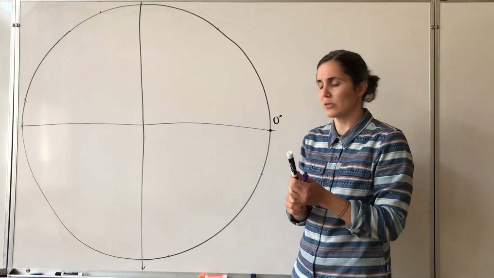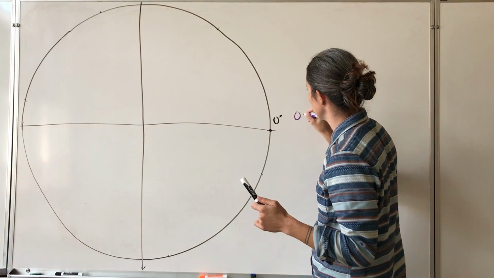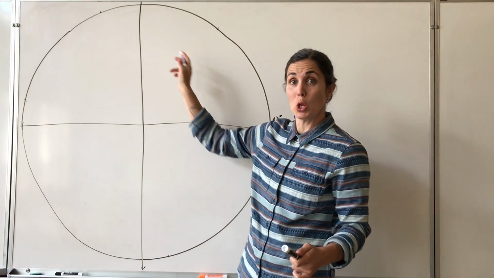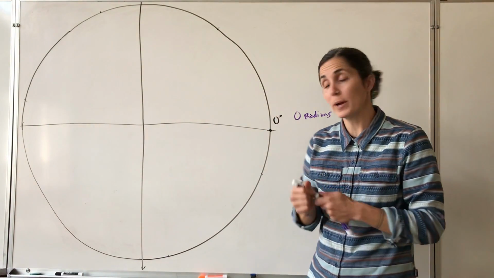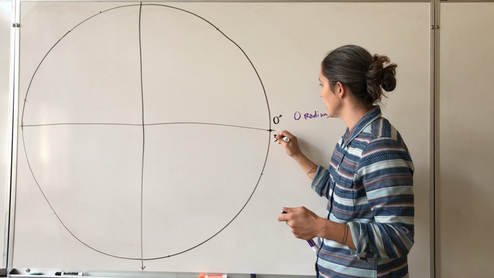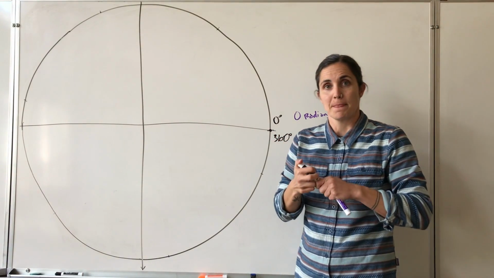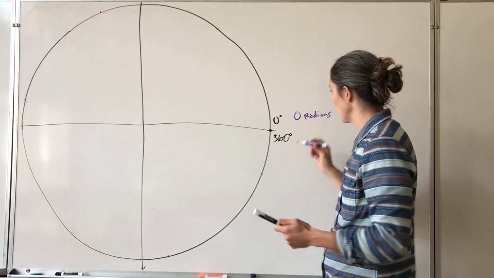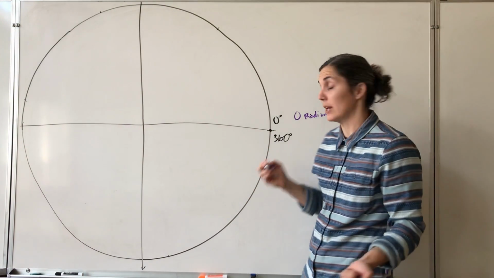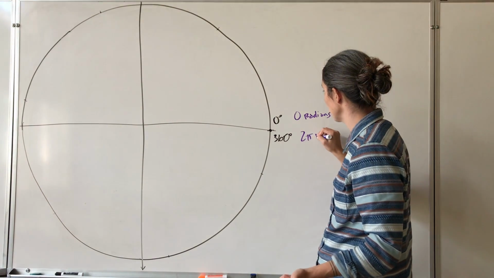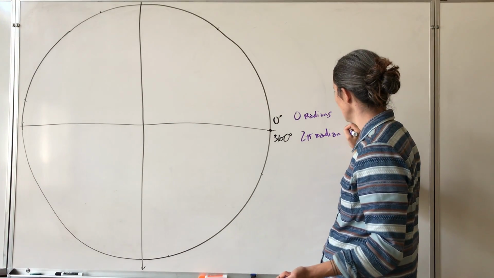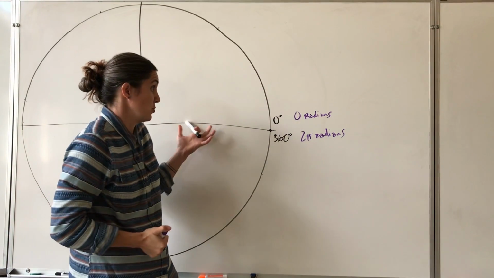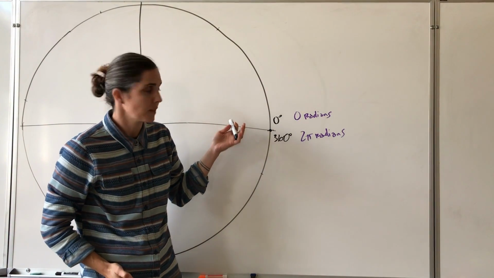And of course, 0 degrees is also the same as 0 radians. And if I start there and go all the way around the circle, I have gone 360 degrees. And again, if we're thinking about how many radiuses it takes to go around, the answer was 6.28, or 2 pi radians. Which is why we are going to use pi, because it's connected to the circumference of the circle.